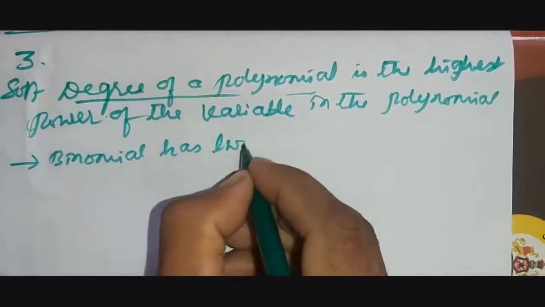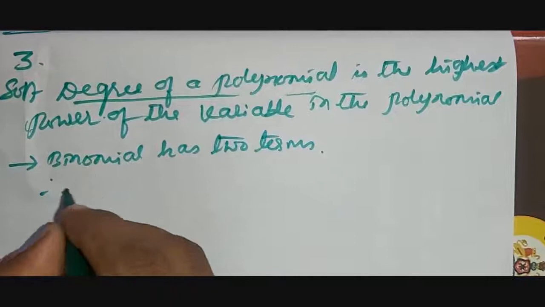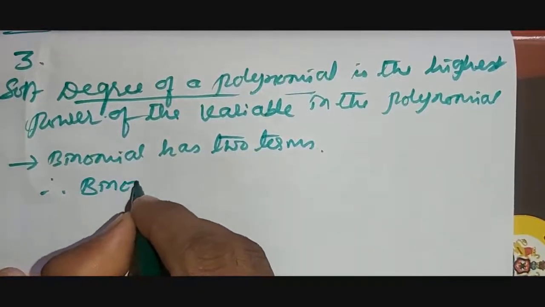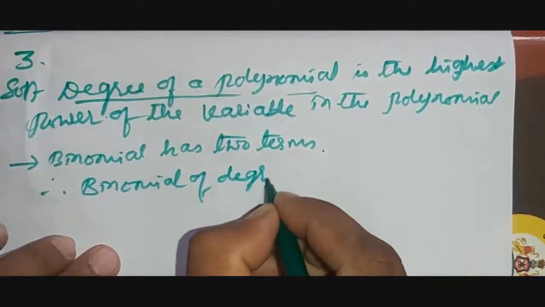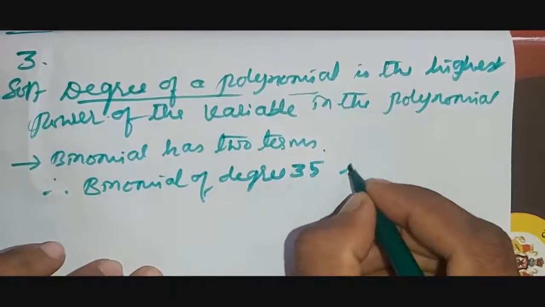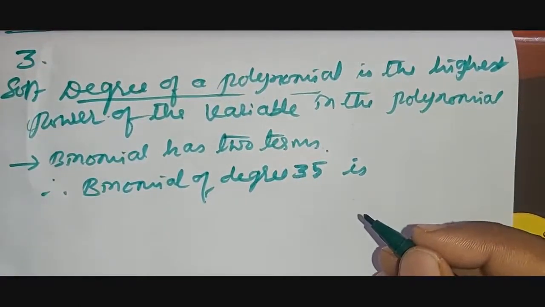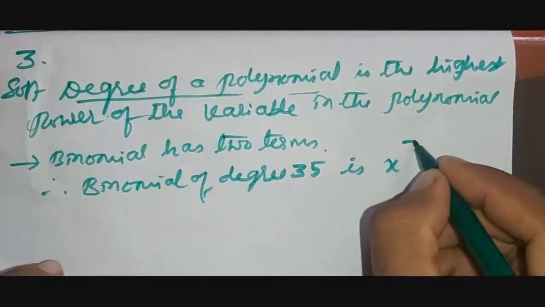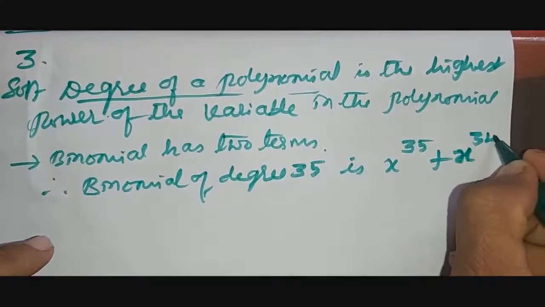Therefore, a binomial of degree 35, how can it be written? It can be written as x to the power of 35 plus x to the power of 34, with the highest degree 35.